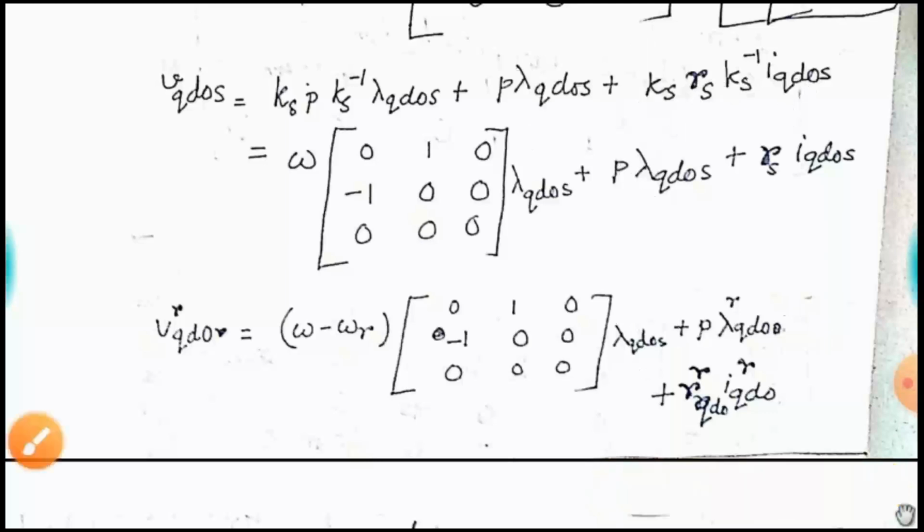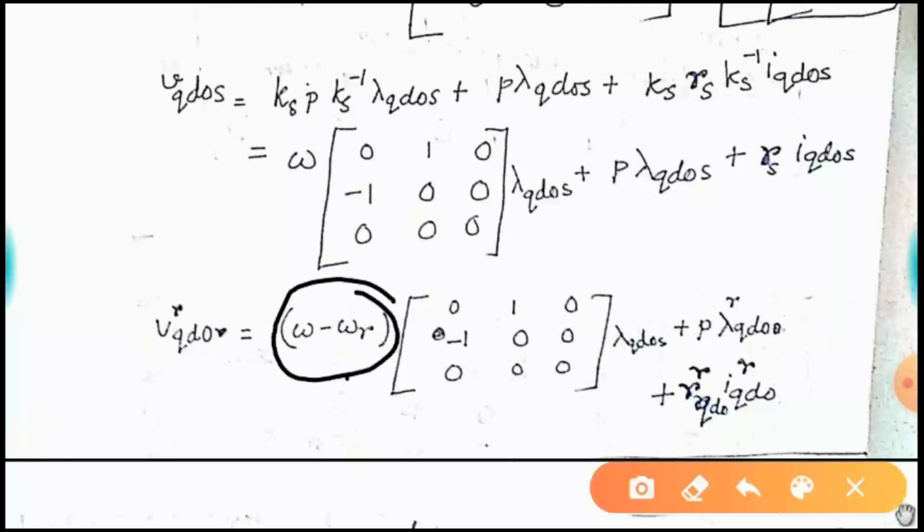Anyway, the main thing that you should note is that instead of omega, the rotor on which your windings are placed is rotating at a speed of omega r. That is why the relative speed becomes omega minus omega r.